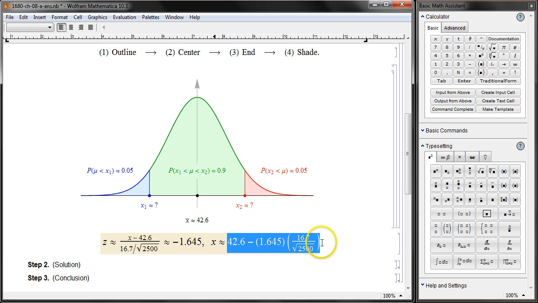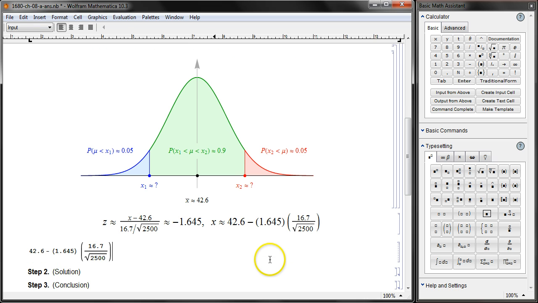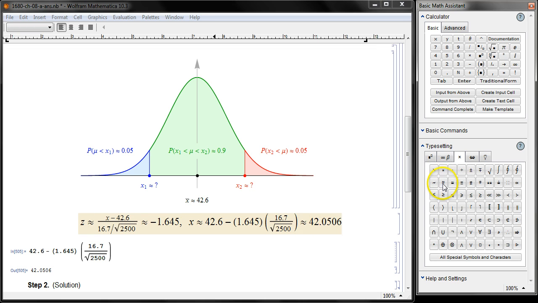If you calculate this thing, we're going to get about, well, something like this.